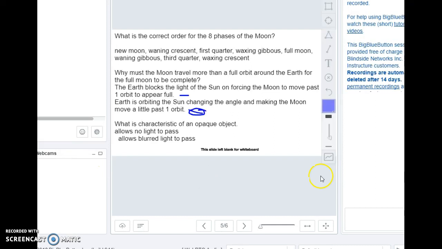Your options are allows no light to pass or allows blurred light to pass. An opaque object is not going to allow any light to pass. So you just need to make sure that you have a good definition and a good example in your notes in terms of studying for opaque materials and shadows in terms of this test.